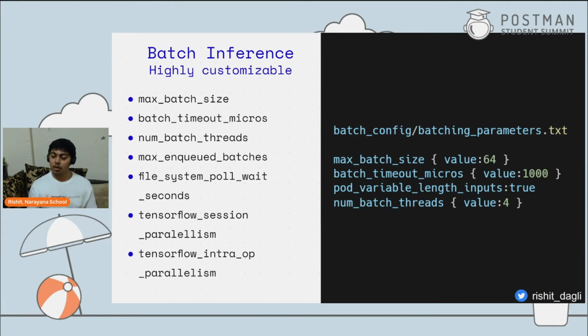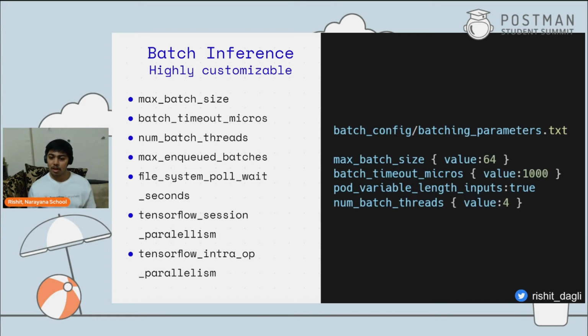Polling for new models, or checking if a new model has been uploaded on Google Cloud storage, might incur quite some costs. So I can also change the polling time and say something like check for a new model every 30 minutes or every 60 minutes and so on. You can also change threads for TensorFlow session and the number of cores used by TF serving, and you can make quite some optimizations with this.